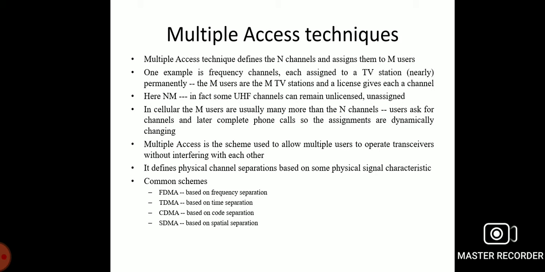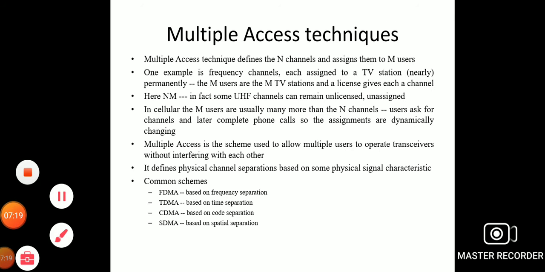So the transmitter transmits the signal through this scheme to the receivers, that is, the M users, multiple users. It is one of the error free communication channels.